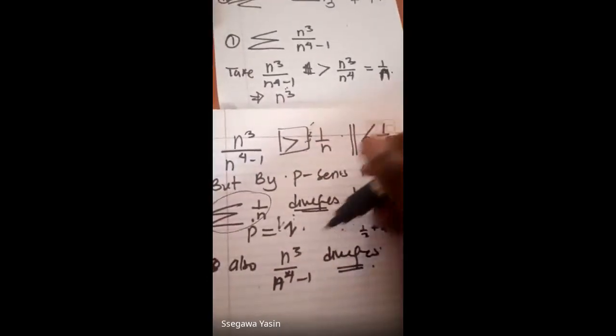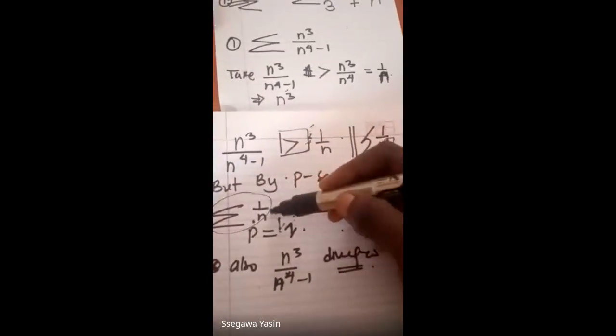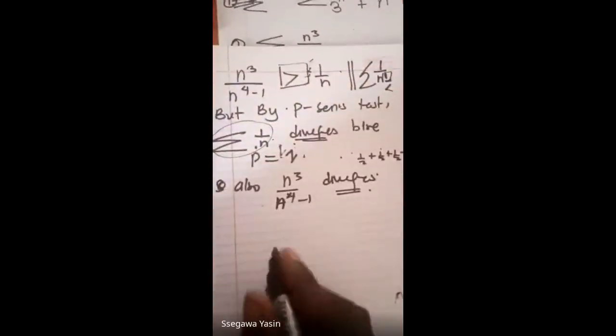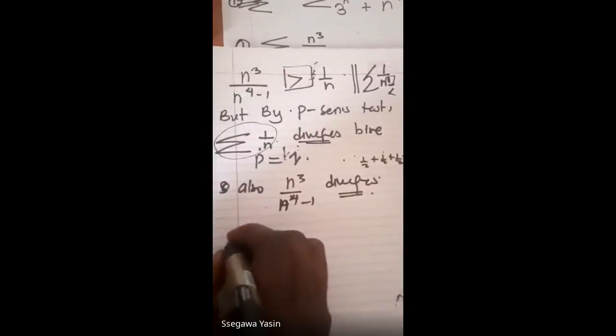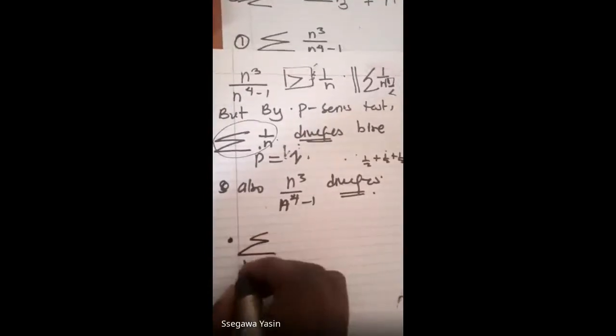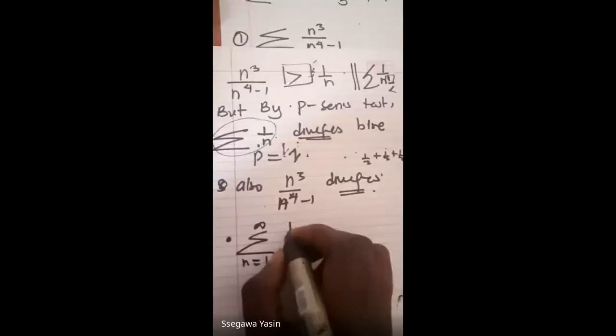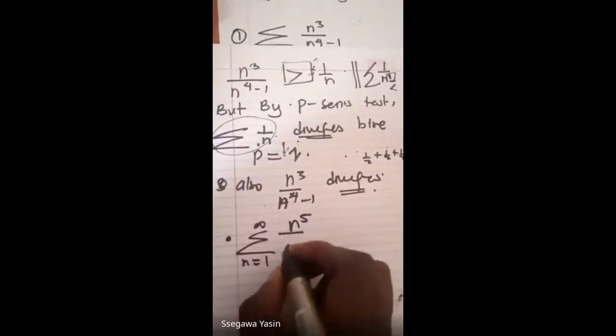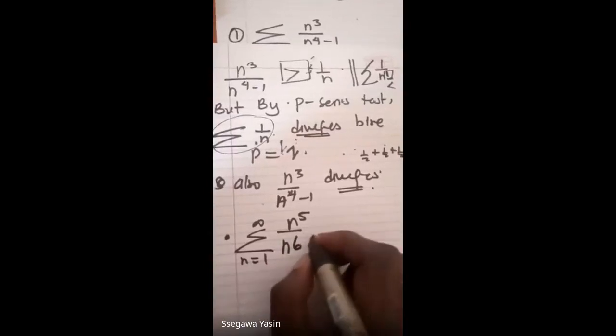But in this case, since this is a 1, it diverges automatically. Maybe sometimes they can give you something like 1 over n squared, n to the 5 over maybe n to the 6 plus 4.